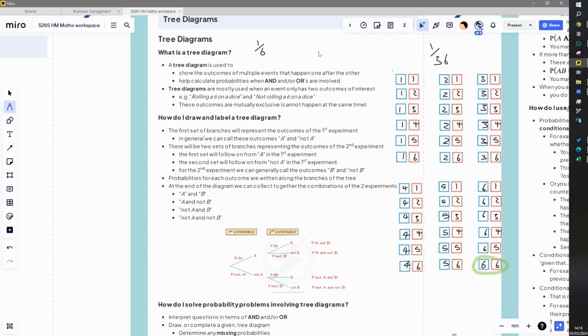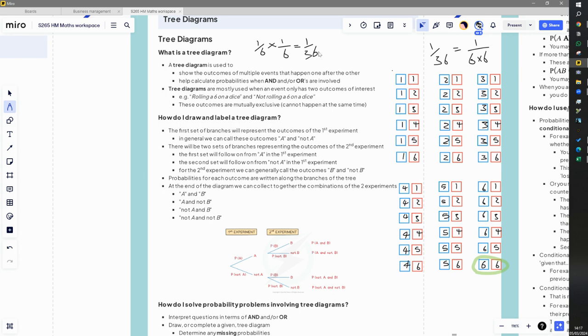The way that we did that is we did 1 over 6 times 6. So essentially the probability is 1 over 36, which, as you can see, is 1/6 times 1/6.